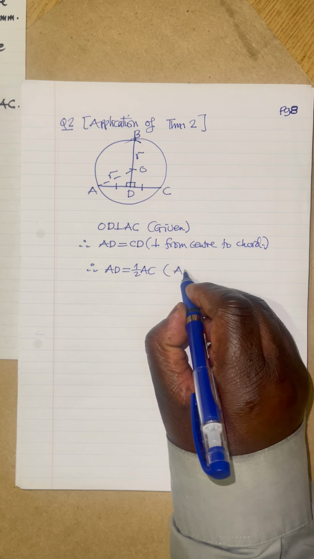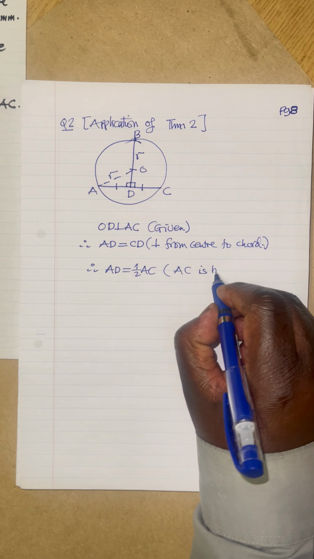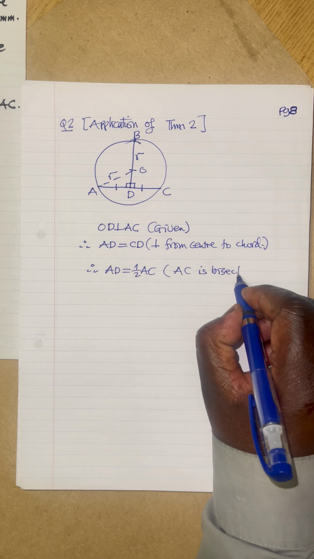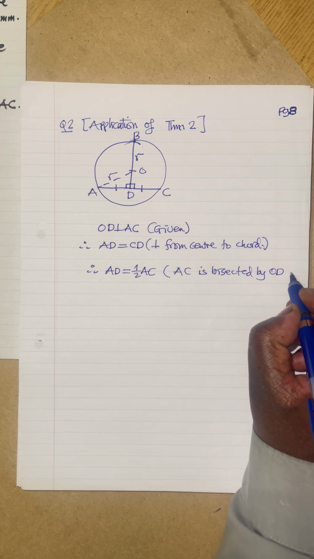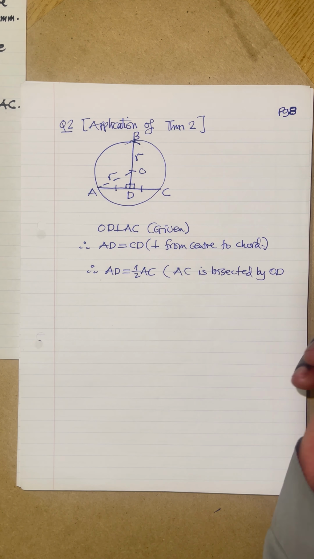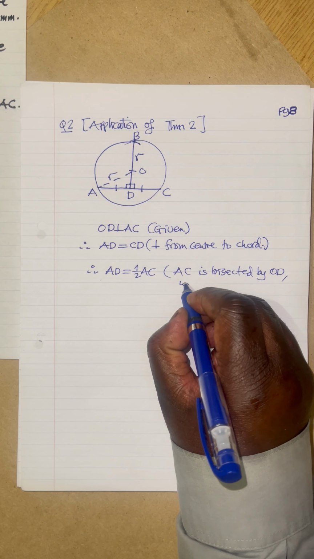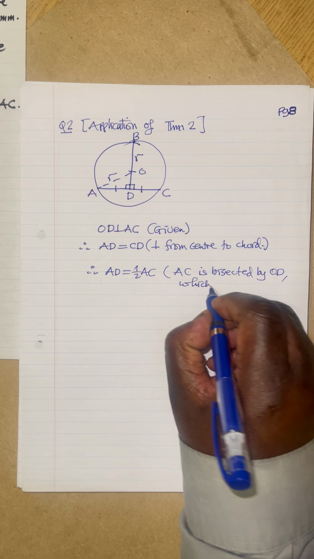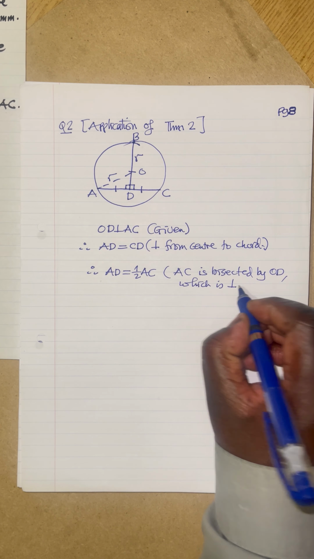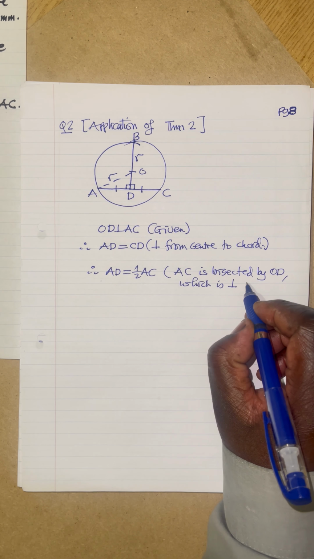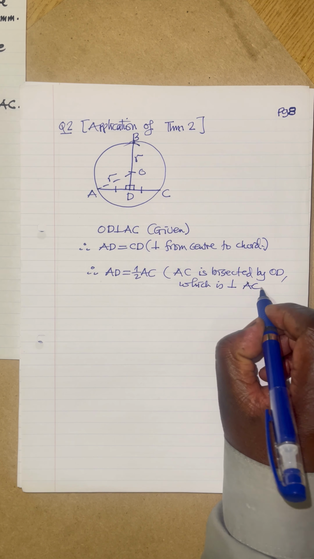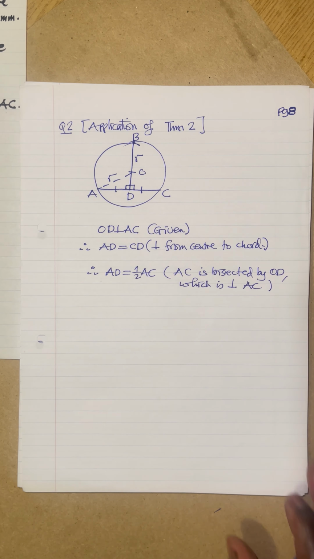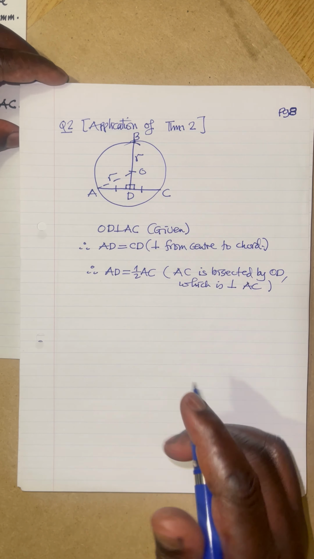So AC is bisected by OD, which is perpendicular to AC.